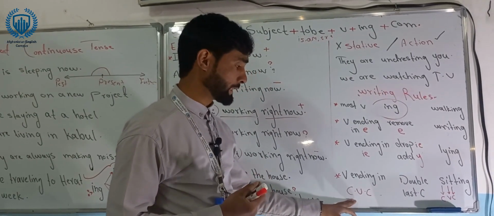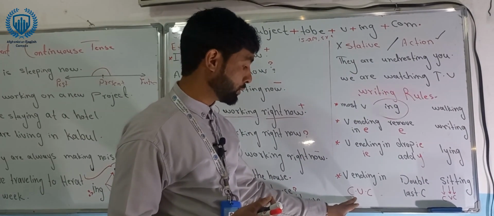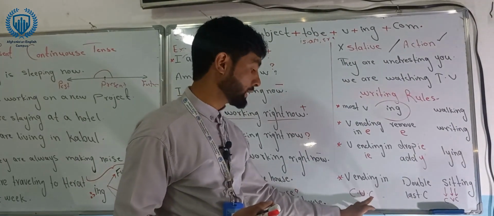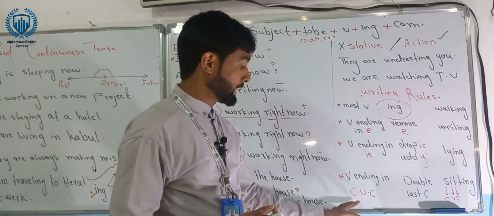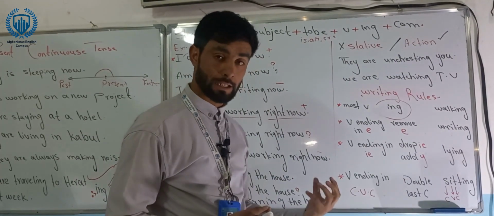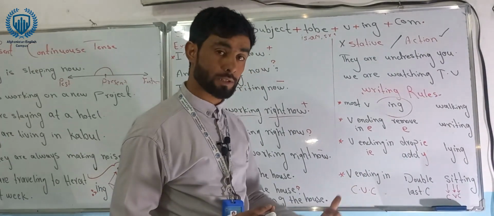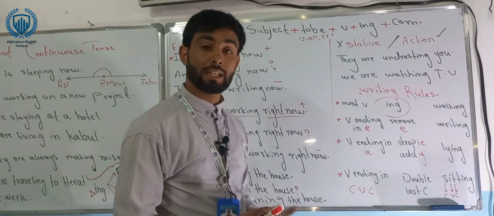The next part. Sometimes with a one syllable word, if it's a CVC, we say consonant, vowel, consonant. If it's a one syllable word and it ends with a consonant, preceded by a vowel, and before that a consonant, we double the last letter.